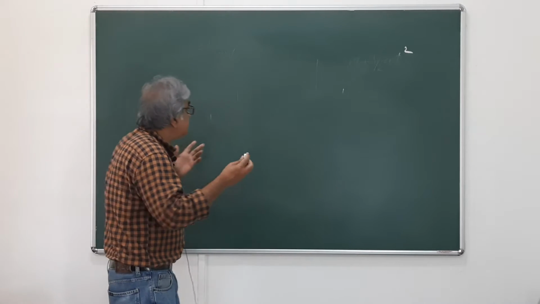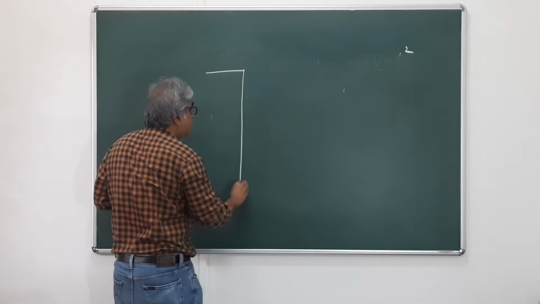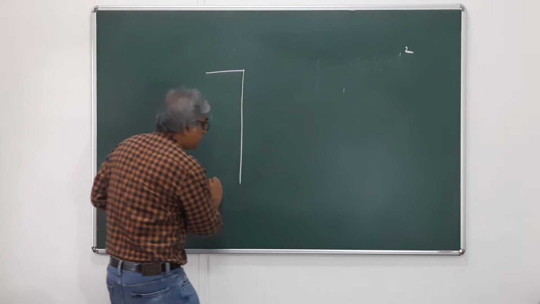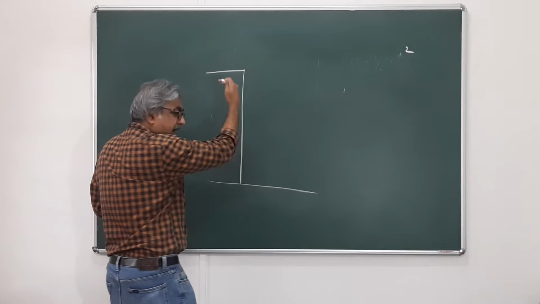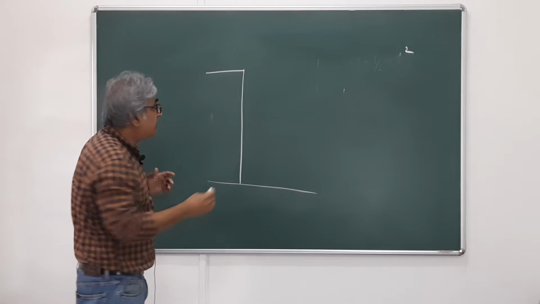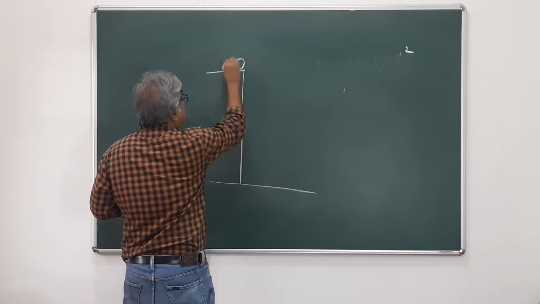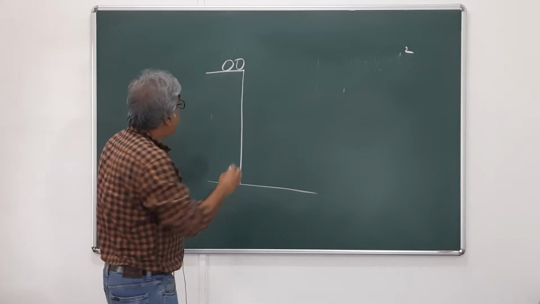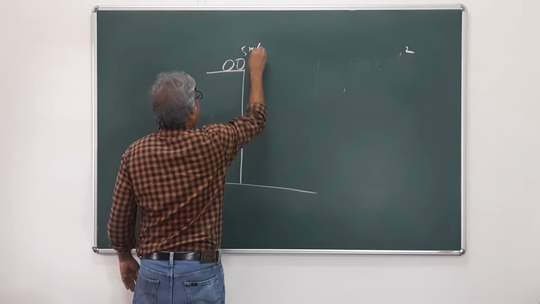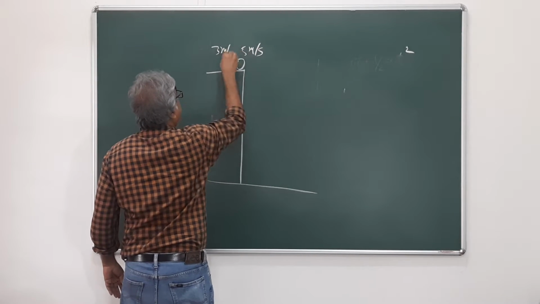Now let's say this is a typical problem which is often asked. Suppose you are told that from a height, the height is unknown, two identical balls are thrown simultaneously at, say, 5 meters per second and 3 meters per second.